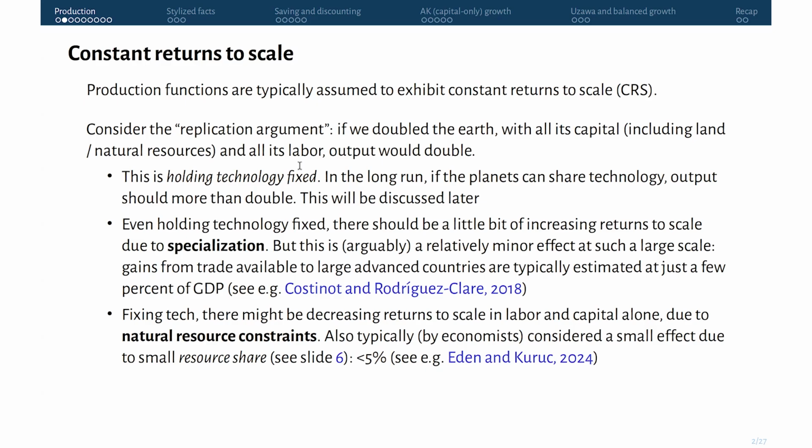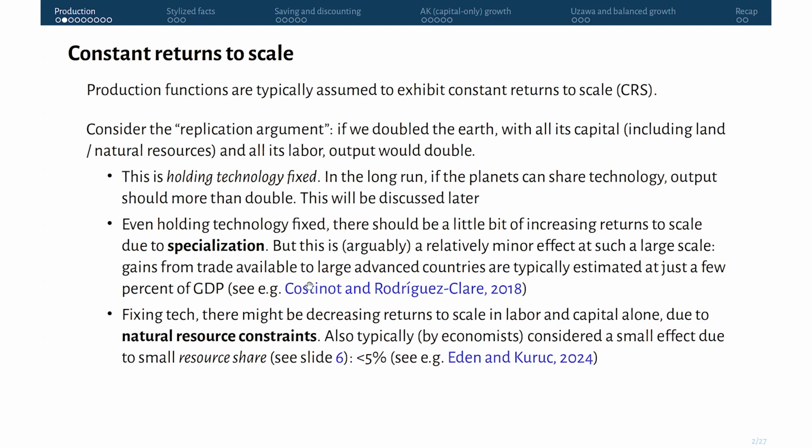And this is because of the fact that the natural resource share is small. Well, we'll talk a bit about factor shares in a few slides, and you'll see why a small factor share probably means that that factor is not a huge constraint on growth. If the share is small, it's probably not imposing a big departure from constant returns to scale.